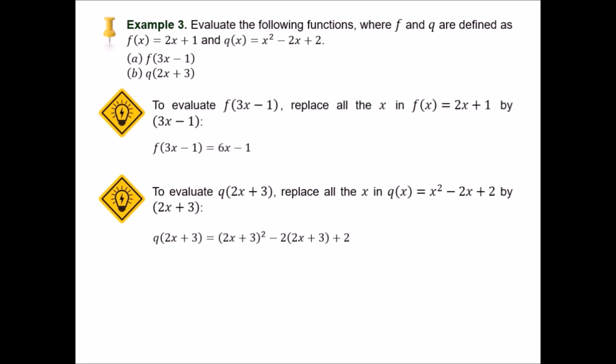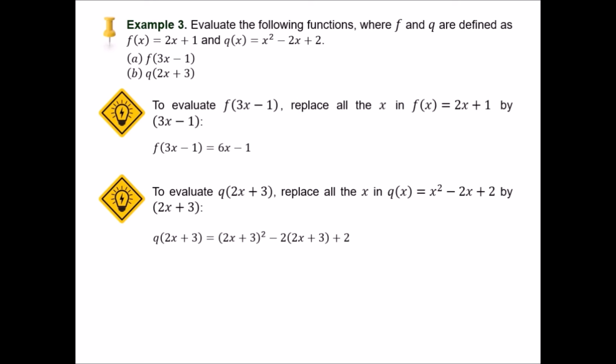Notice that in this expression, we have 2x plus 3 squared, which is a square of a binomial. We perform the square of the binomial for this expression. As for the middle term, we have negative 2 times 2x plus 3, so we simply distribute negative 2 to the terms 2x and 3.